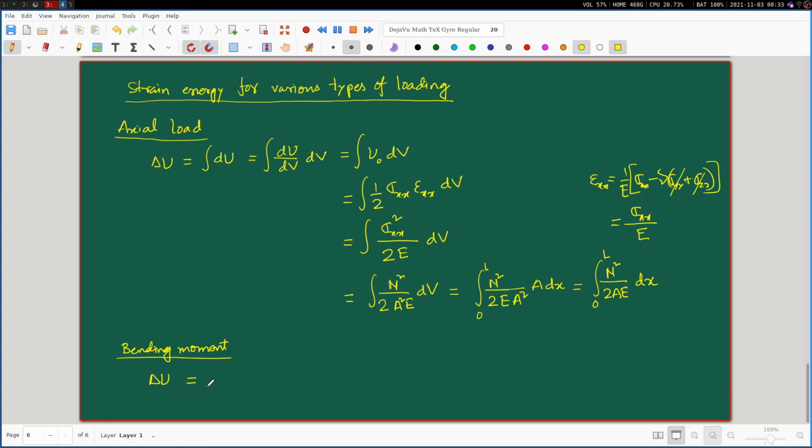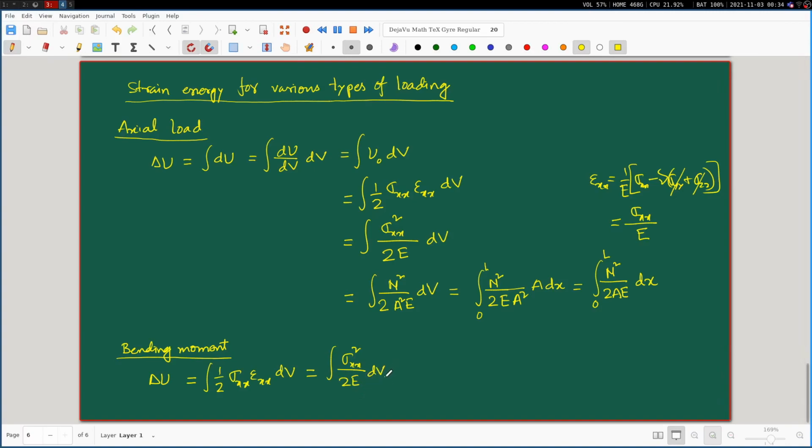Now coming back to the expression for the bending moment. We have, again just like before, half of sigma xx epsilon xx dV, and using Hooke's law, this is sigma xx square by twice E dV.